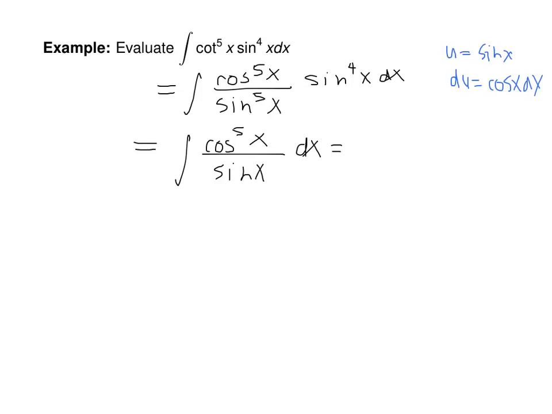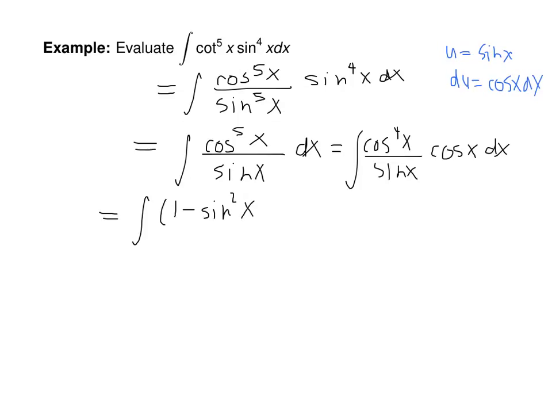So we'll write this as cosine to the 4th x over sine x multiplied by cosine x dx, and then use the Pythagorean identities to change that cosine to the 4th x into 1 minus sine squared x, quantity squared. So don't forget about the times cosine of x dx.